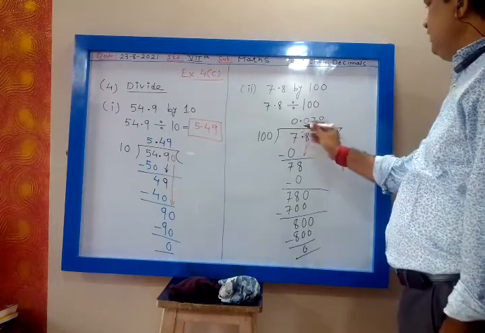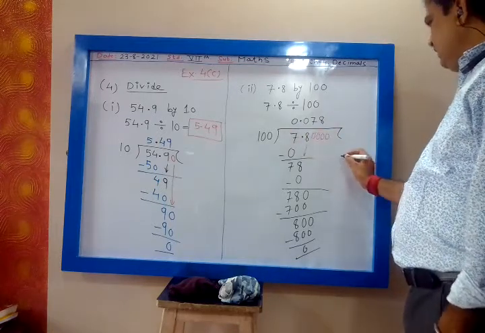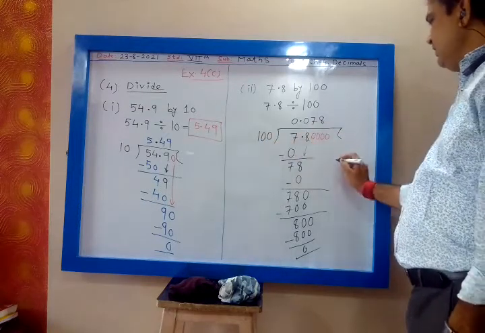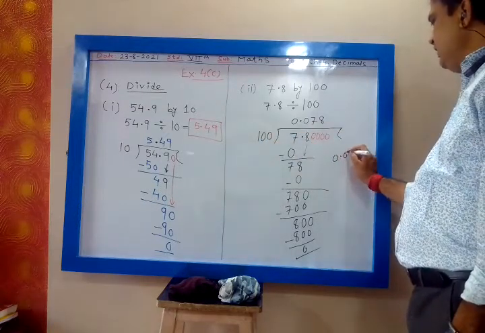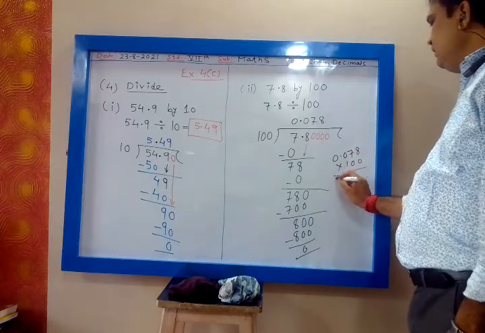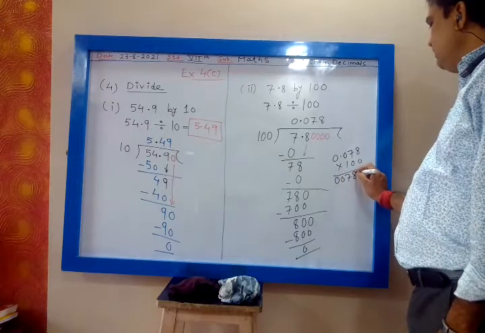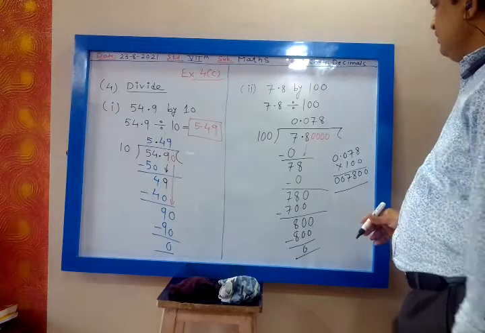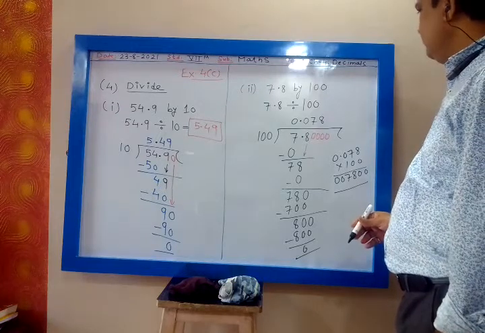So this you can check. Take 1 minute. You can check the calculation. 0.078 multiplied by 100 will be 0.07800. Now you want to put the decimal. Yes.